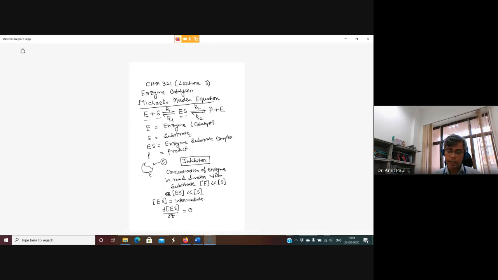So the intermediate concentration doesn't really build up during the reaction, right? So this is what we use everywhere. We know that these two approximations are very important, right?